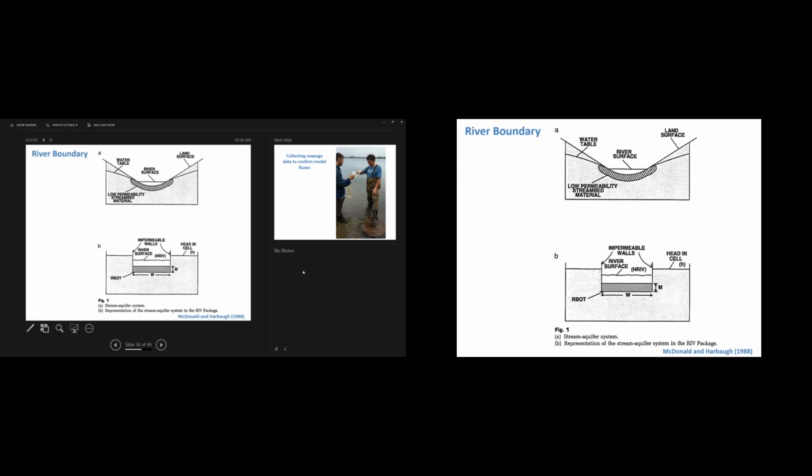And so playing with the stream bed permeability doesn't do a whole lot. But where we have streams that leak water to the groundwater, it's really important. It's much more important. Traditionally, in all of our models, the stage in the river, H riv, is the same for every stress period.